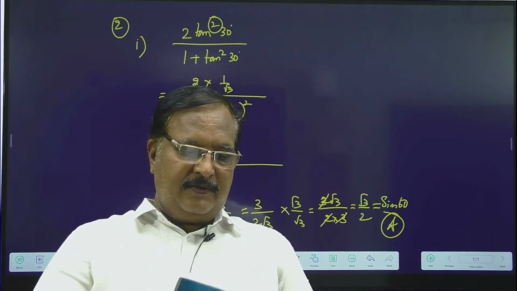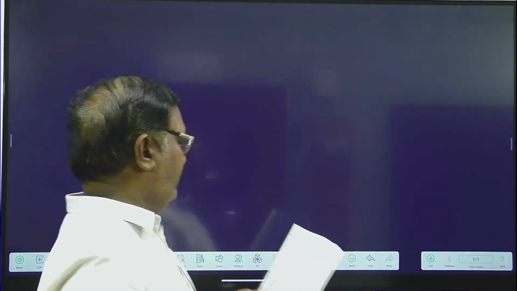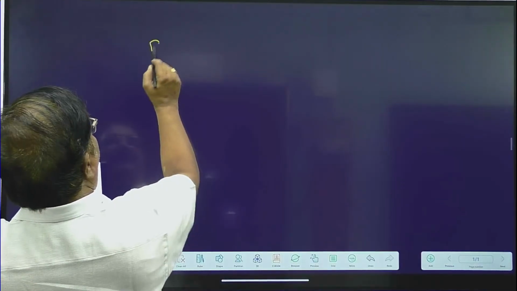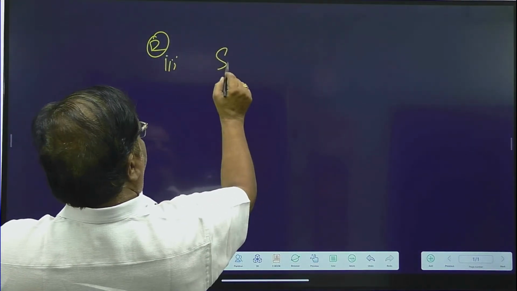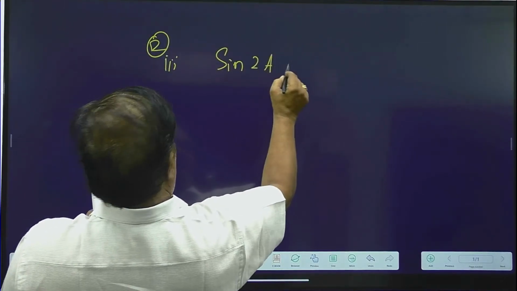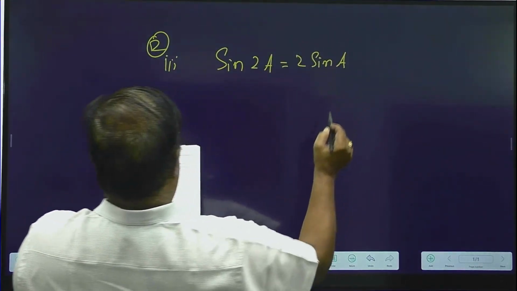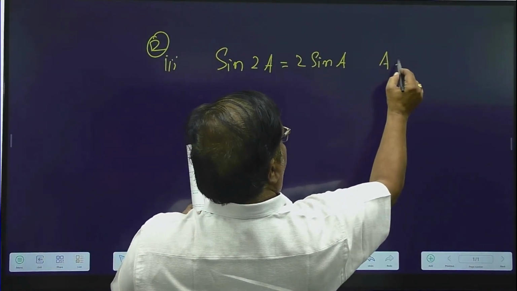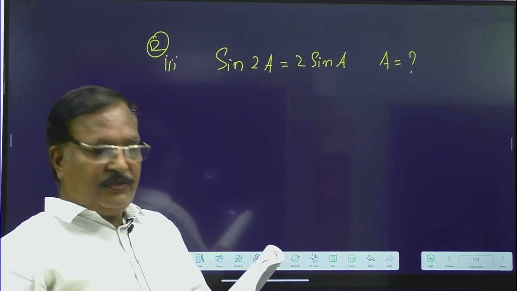So this is the second question, third bit. Sin 2a is equal to 2 sin a, then a is equal to what?